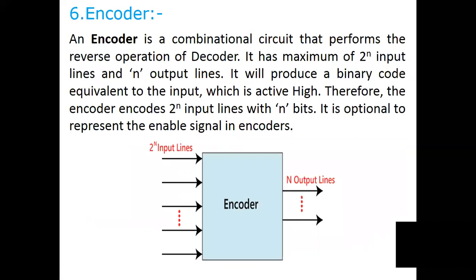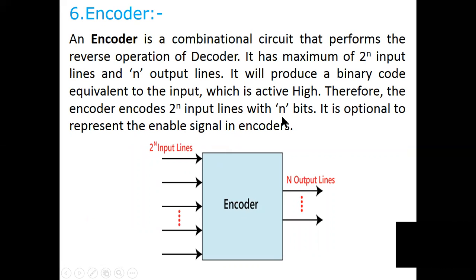What is an encoder? Encoder is the opposite of your decoder. Encoder is a combinational circuit that performs the reverse operation of a decoder. It has a maximum of 2 power n input lines and n output lines. It will produce the binary code equivalent to the input, which is active high. Therefore, the encoder encodes 2 power n input lines with n bits.